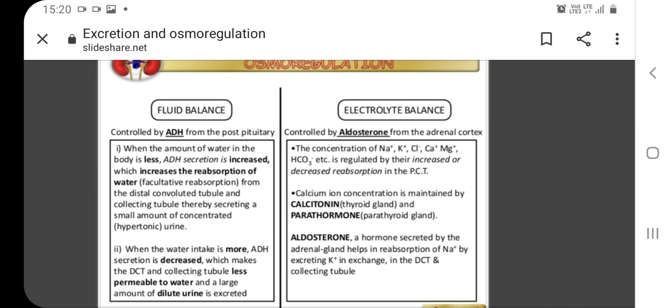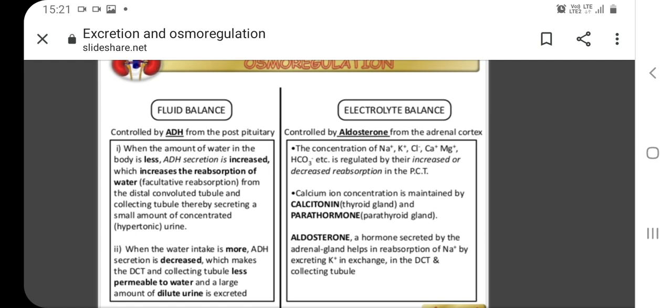Calcium ion concentration is maintained by calcitonin, a thyroid gland hormone, and parathormone secreted by parathyroid gland. Calcitonin is secreted by thyroid gland.